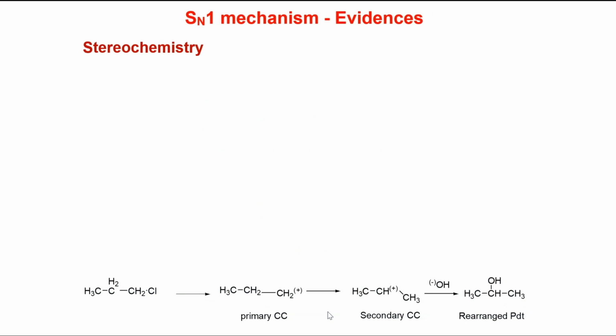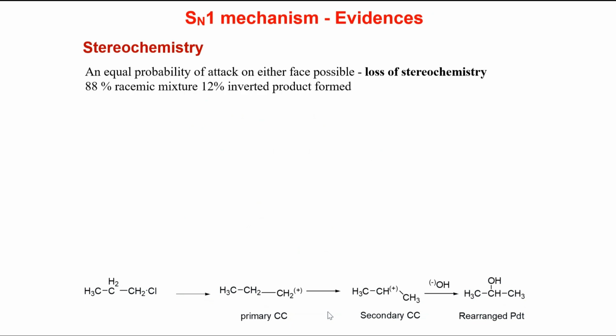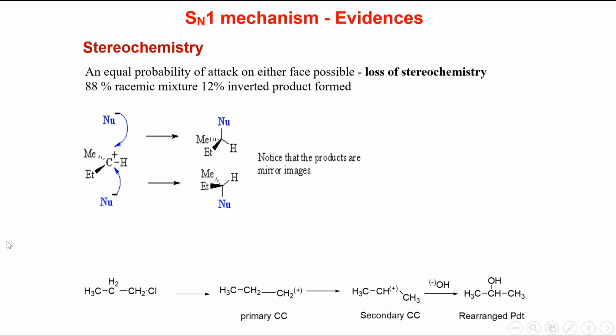Further, the stereochemistry of the reaction is another evidence given in support of the SN1 mechanism. There is loss of stereochemistry, and it gives 88% of racemic mixture and 12% of the inverted product. When the carbocation is formed, the nucleophile can attack from front or from back.